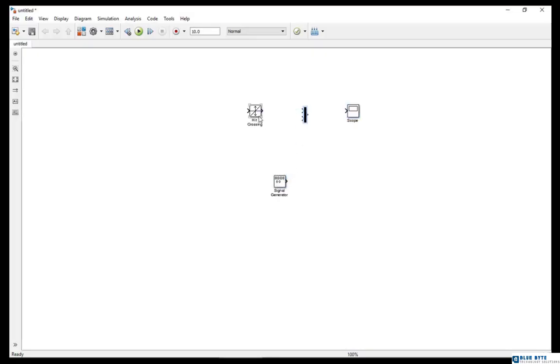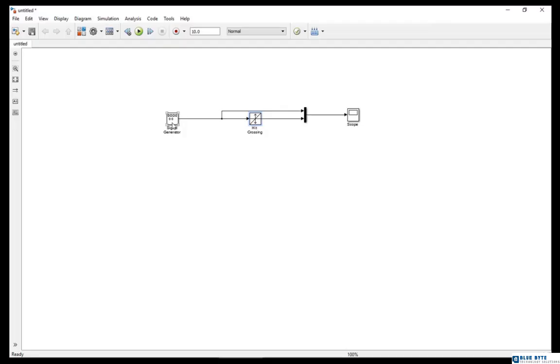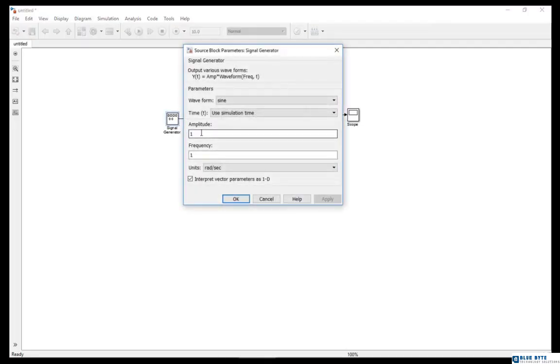First, I connect them to each other. In the hit crossing block, I set the crossing offset value to -1, and in the signal generator, I set the frequency value to 0.25 Hz.